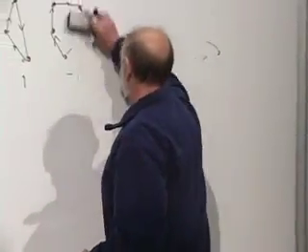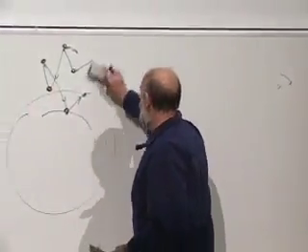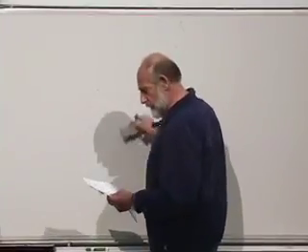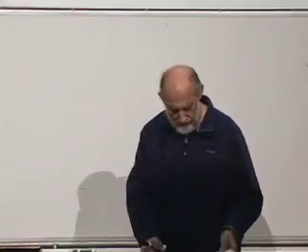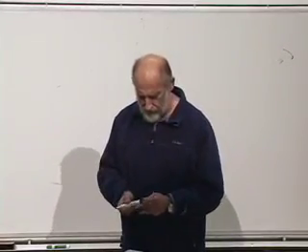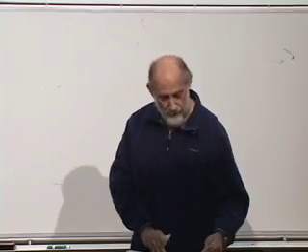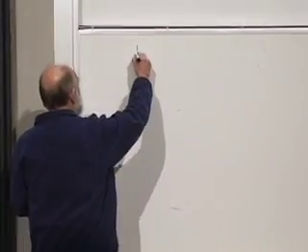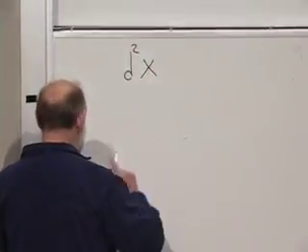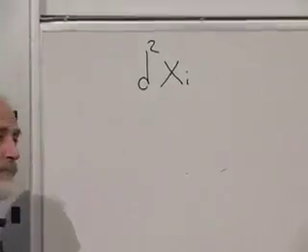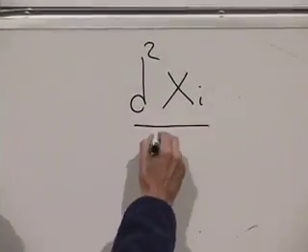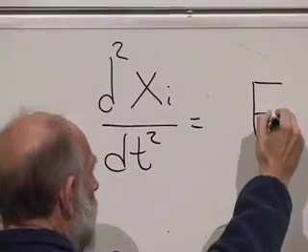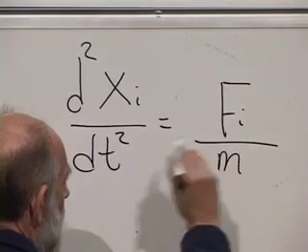So let's discuss how you take n second-order equations. The method is completely general, but I'll just illustrate it for Newton's equations. Supposing we have a certain number of equations of the form: the second derivative of the ith component of x, d squared x_i by dt squared, is equal to the ith component of force divided by the mass.